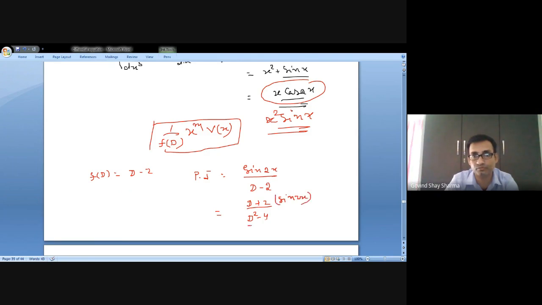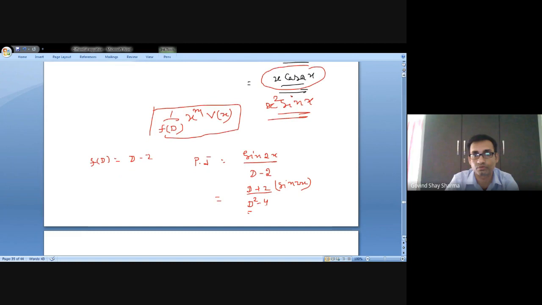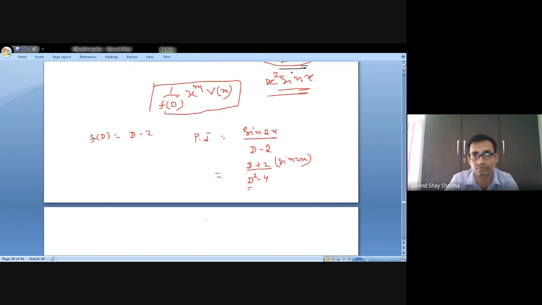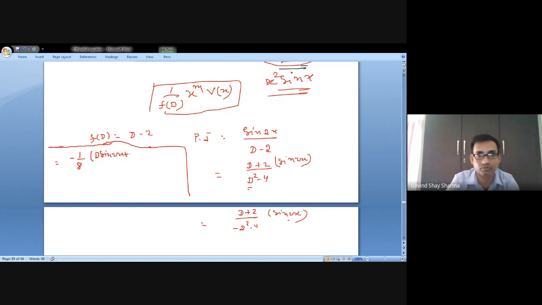Now we put D minus 2 square, it becomes (D plus 2)(D minus 2) equals D square minus 4, with sin 2x, and this will become minus 1 upon 8 times (D sin 2x plus 2 sin 2x).